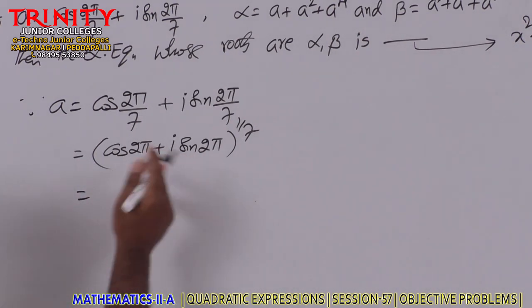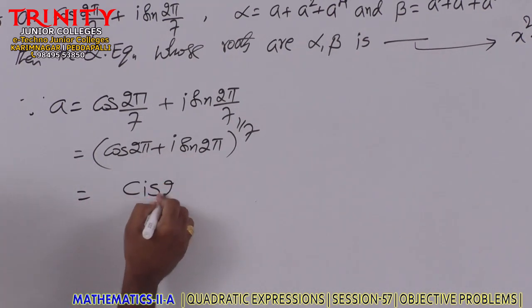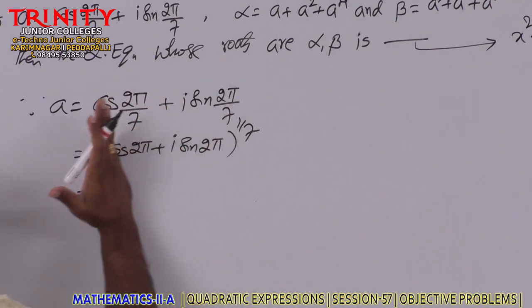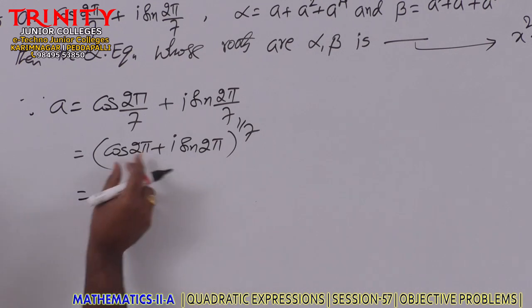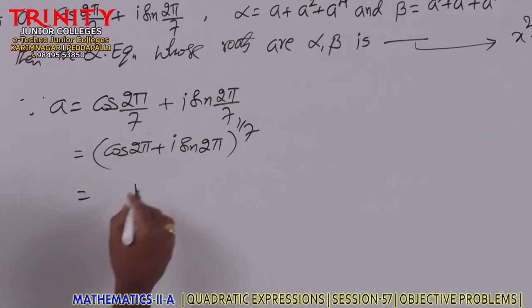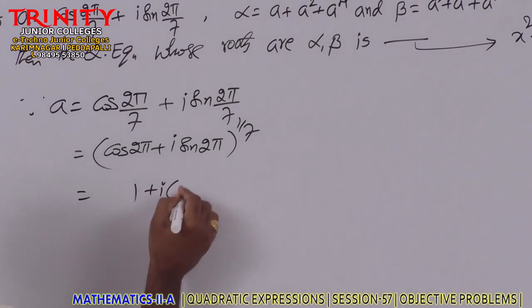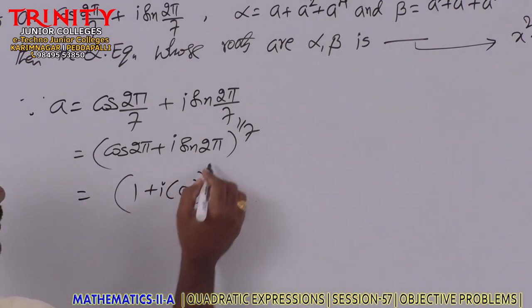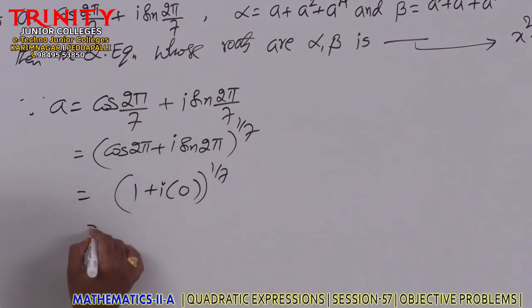Again, this cos 2 pi by 7 plus i sin 2 pi by 7, we can write as cis 2 pi. Or instead of writing cis, you can write the direct value: cos 360 is 1, plus i into sin 360. For multiples of 180 degrees, sin is always 0, and tan is also always 0. So it is (1) whole to the power of 1 by 7.